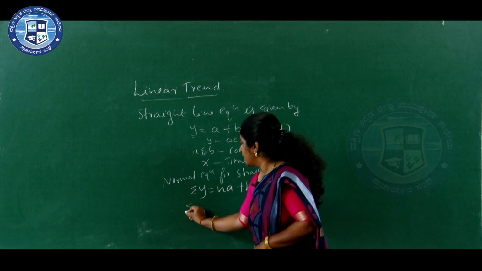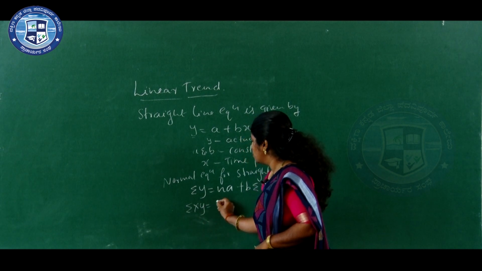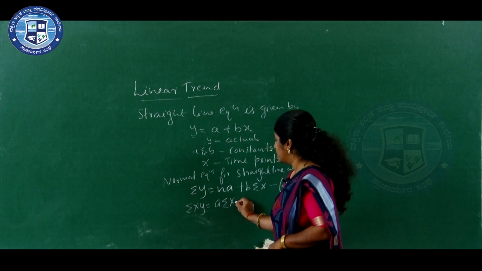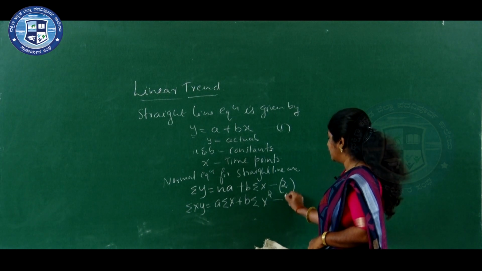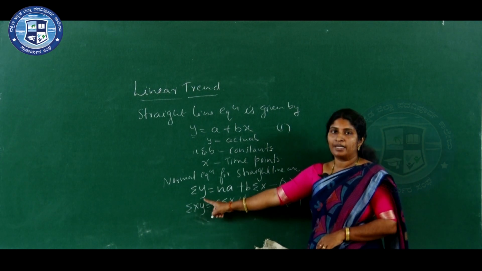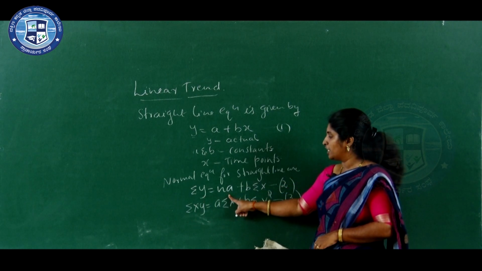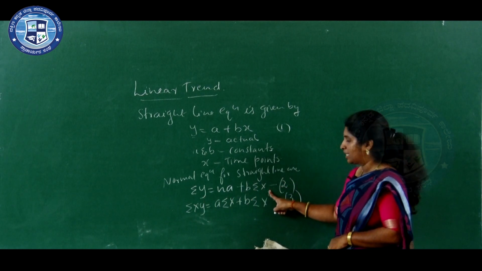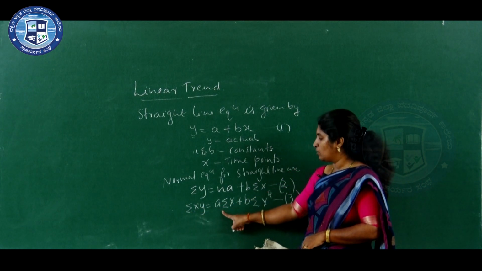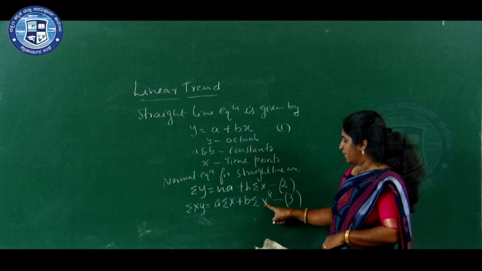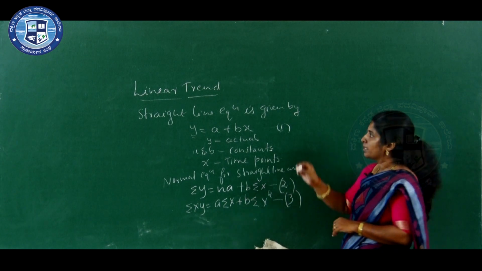Next is summation xy is equal to a summation x plus b summation x square. So the first normal equation is summation y is equal to n a plus b summation x, and the second is summation xy is equal to a summation x plus b summation x square.